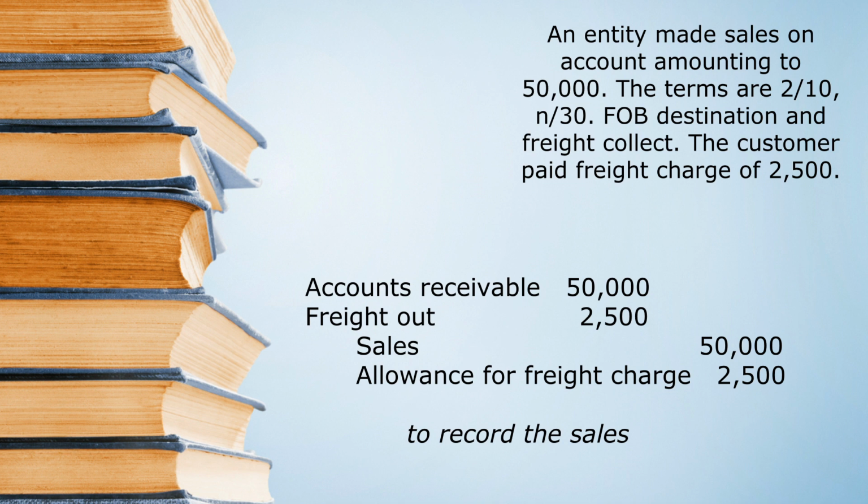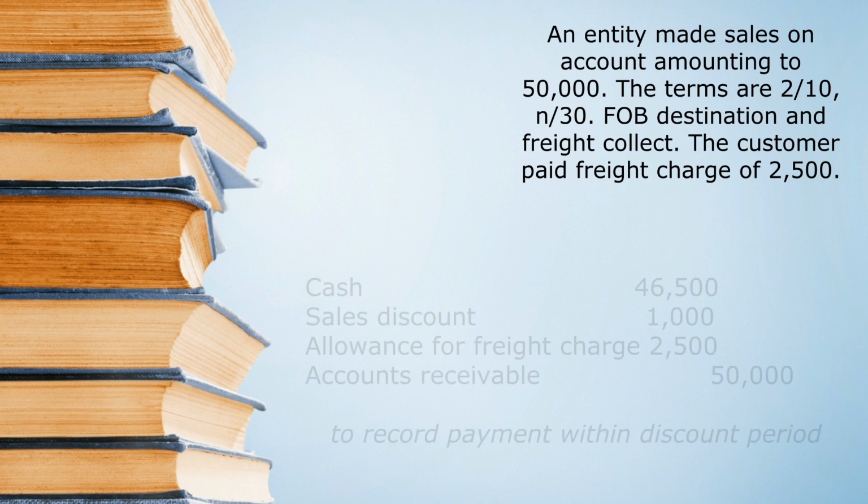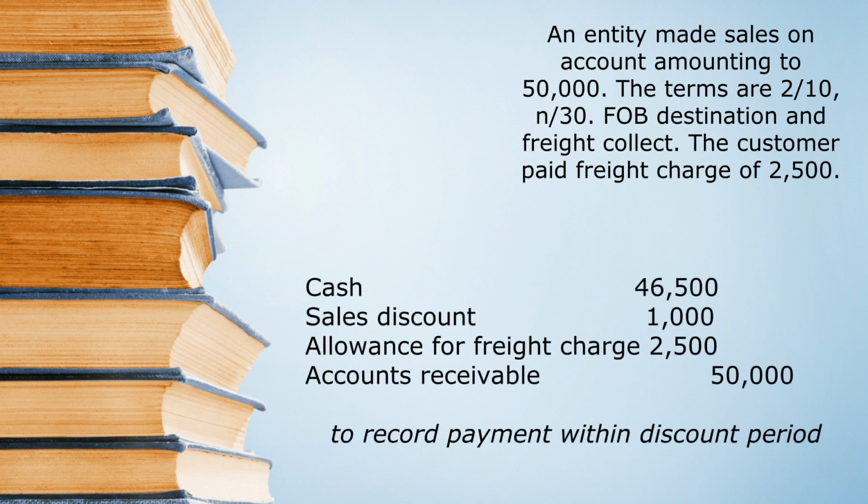Okay, when the customer paid the seller, to record that, we have to debit cash amounting to 46,500, debit sales discount 1,000. That is assuming the customer paid within the discount period.